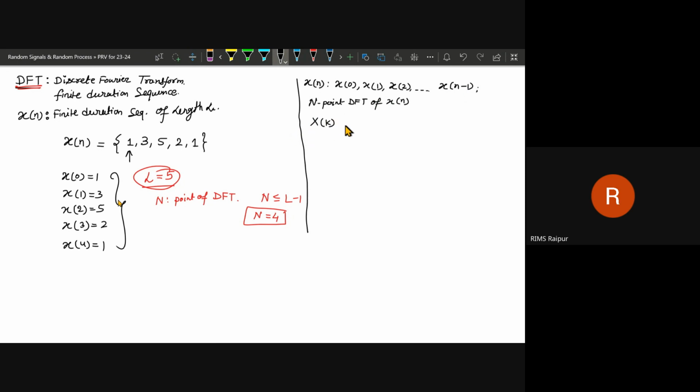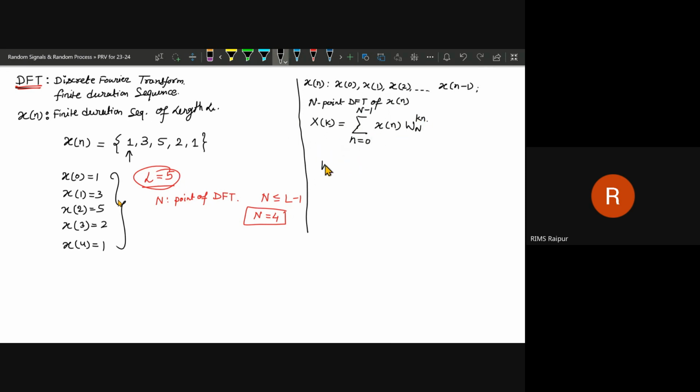And the x of k can be calculated using this mathematical expression: summation n is equals to 0 to n minus 1, x of n into wn raised to power kn.